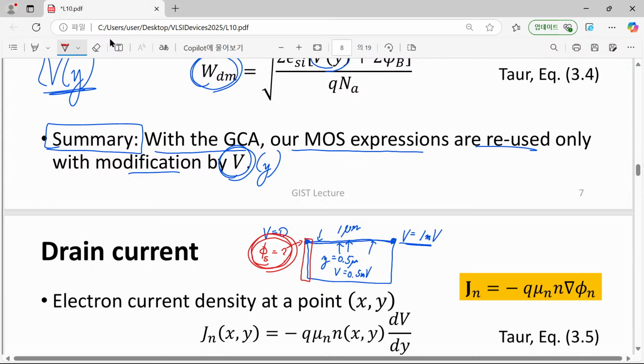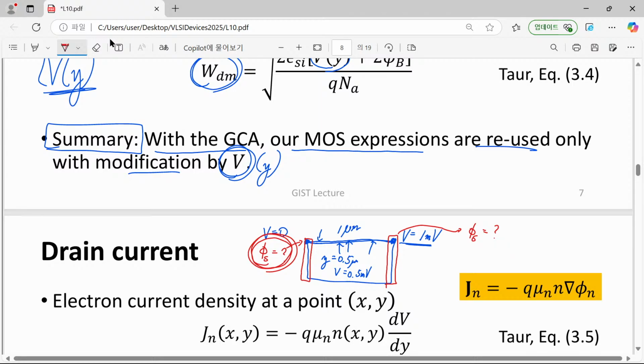What I want to ask you is, in the same situation, can you calculate the surface potential at this point? The only difference is your quasi-Fermi potential is not exactly 0 but 1 millivolt. How can you do that?